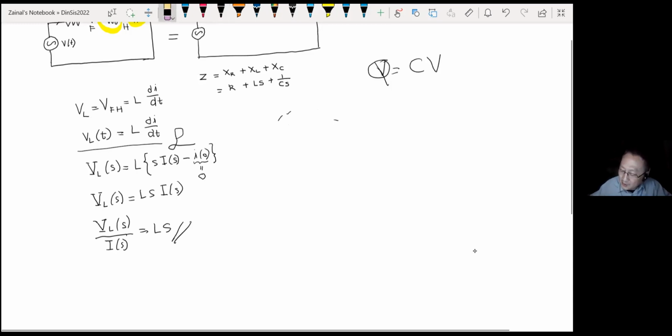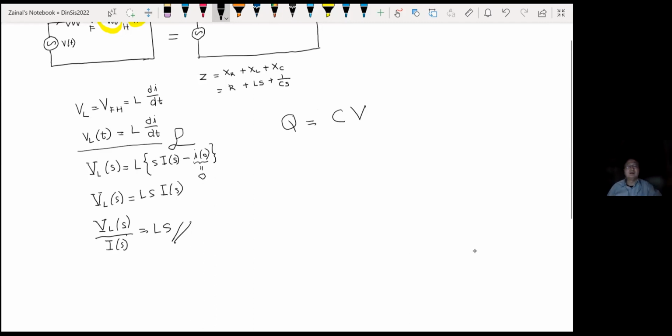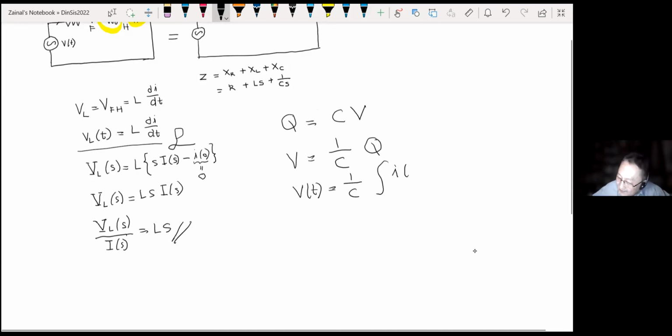So voltage is just the same with 1 over C multiplied by Q. So V(t) is 1 over C integral i(t) dt.